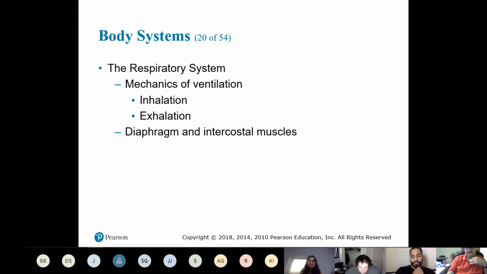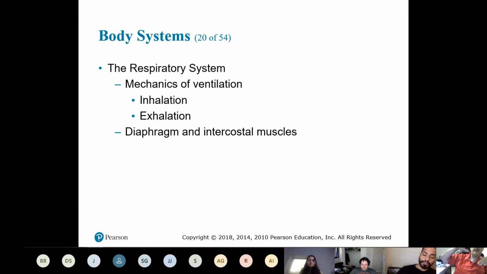By creating that negative pressure, our pressure outside here is positive, about 765 torr. Inside the chest, it's less. And so gases tend to go into areas of lower pressure.